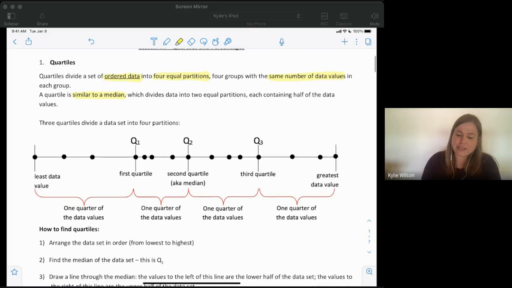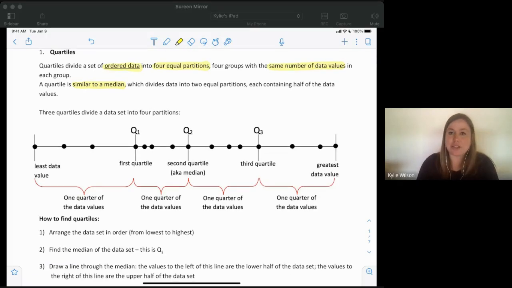Now, when I divide my data into 4 equal partitions, I do this using 3 different quartiles or 3 different points. You'll notice here that we have our smallest data value down here on the left. It is important that our data is ordered from smallest to largest.